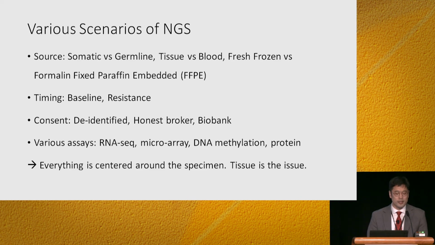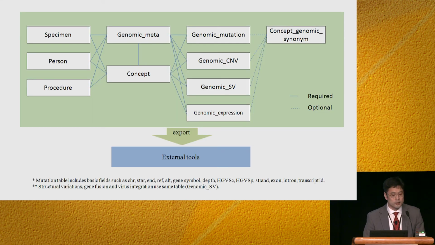But at the end of the day, everything was centered around the specimen, and as they say, tissue is always the issue. When we put it into database relationships, we would put the specimen, the patient, and the procedure used to obtain these specimens. Was it an operation? Was it a biopsy?